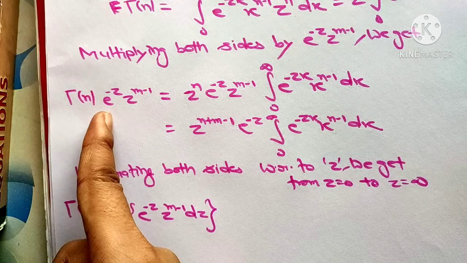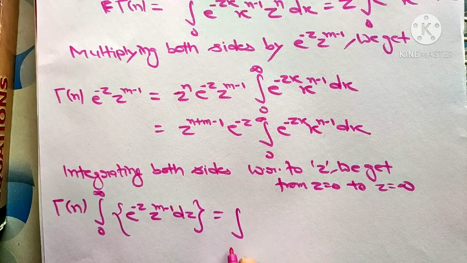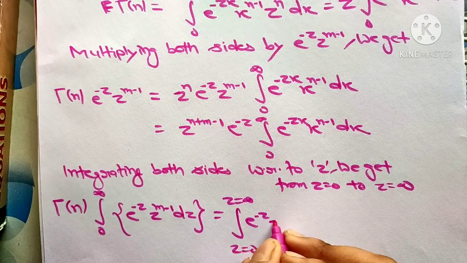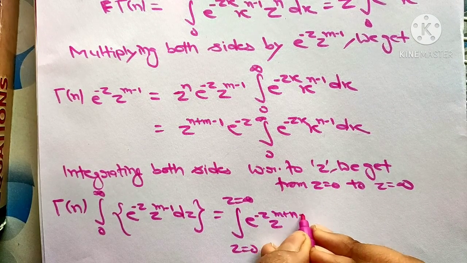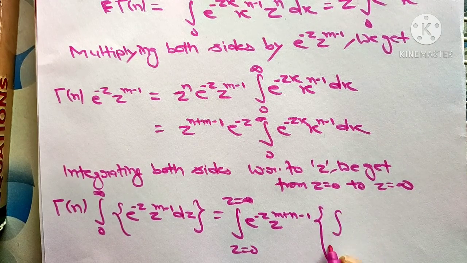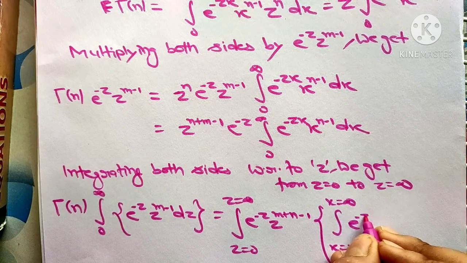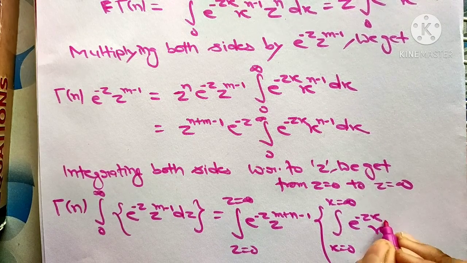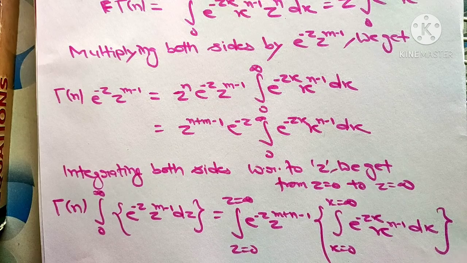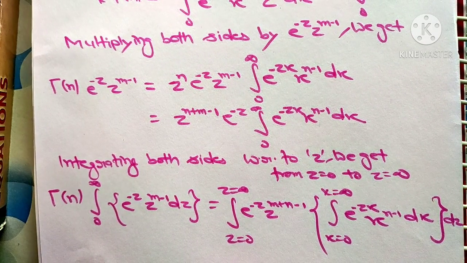I just put the integral sign on this side: integral z from 0 to infinity of e to the power minus z, z to the power m plus n minus 1, and this is integral x from 0 to infinity of e to the power minus zx, x to the power n minus 1 dx. And this is dz for this integral.